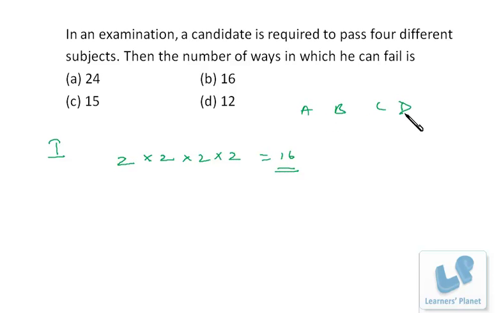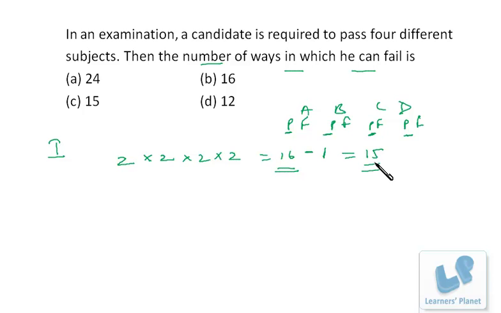If all the 4 are pass, we cannot count it as a way in which he can fail. So these are the total number of ways in which he can fail or pass, and we need to deduct that single case when he passes in all the 4 subjects. So we deducted that and we got the answer as 15.